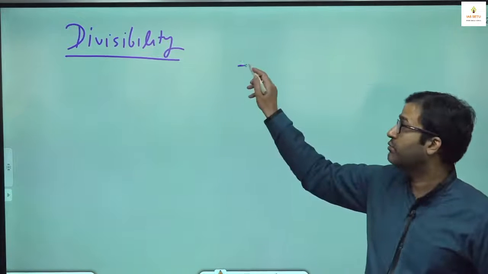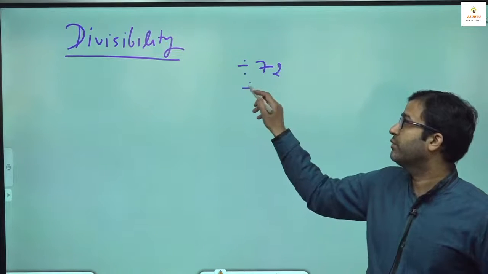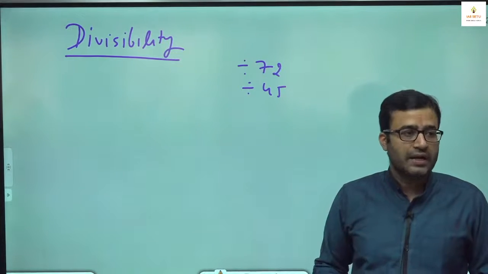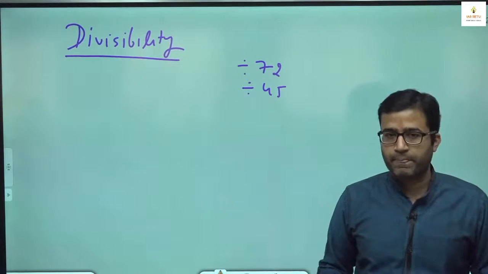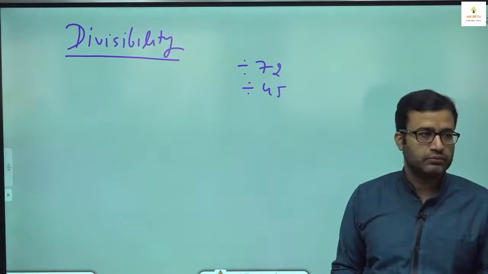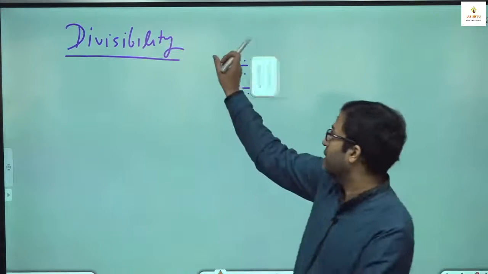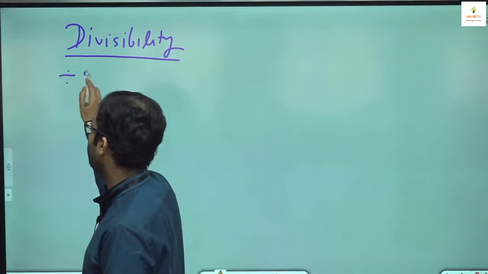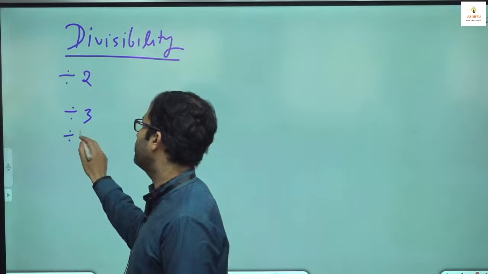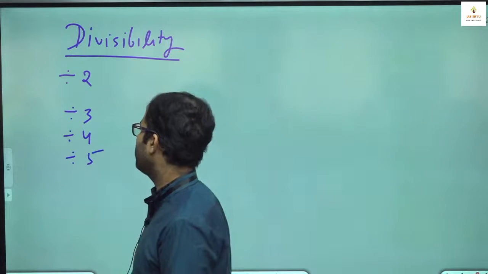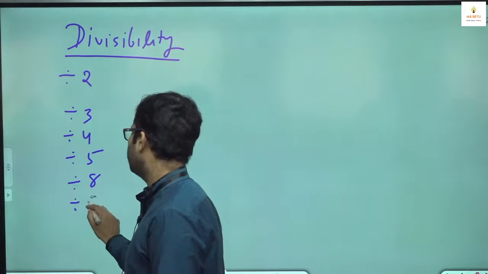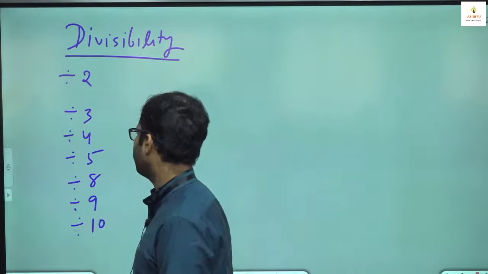Even the divisibility of 72, divisibility of 45, bigger number divisibility also, and I will tell you the concept behind that. Today I will just take divisibility of a few numbers, like 6 standard: divisibility of 2, 3, 4, 5, 8, 9, 10.